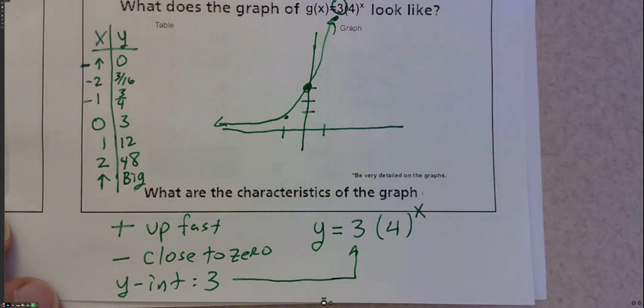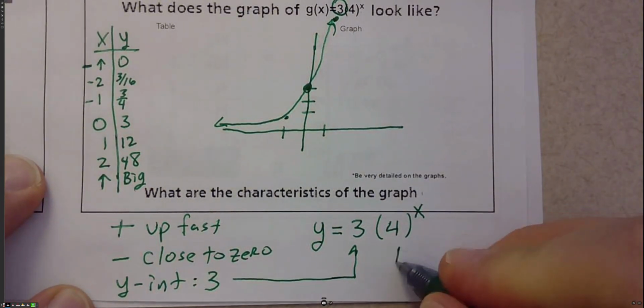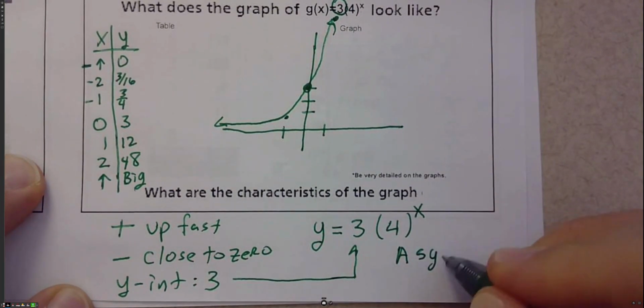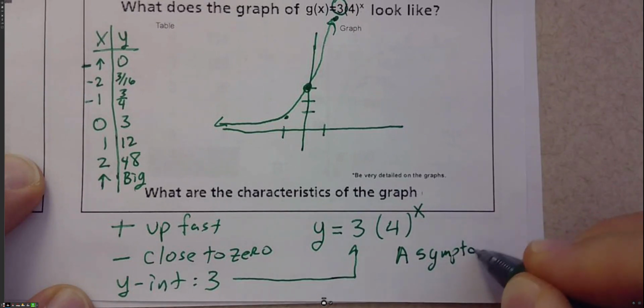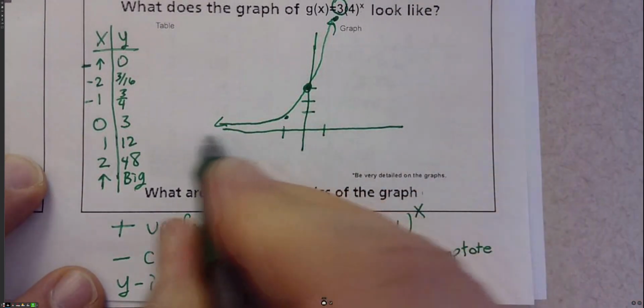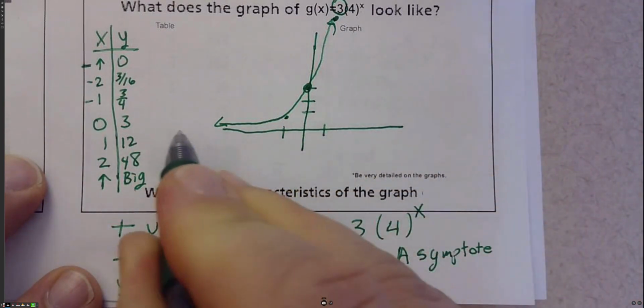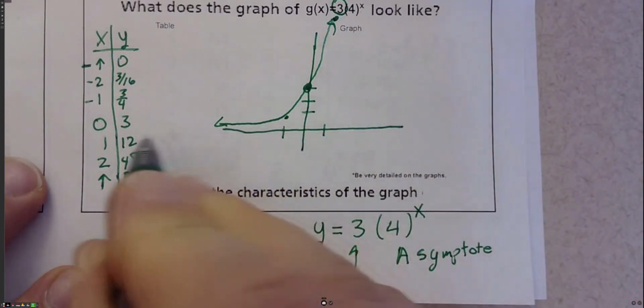The last thing I need to say is where's my asymptote? I have an asymptote at what? This approaches what but never hits it? 0. How do I name this line? If I were to graph that, what graph would that be?